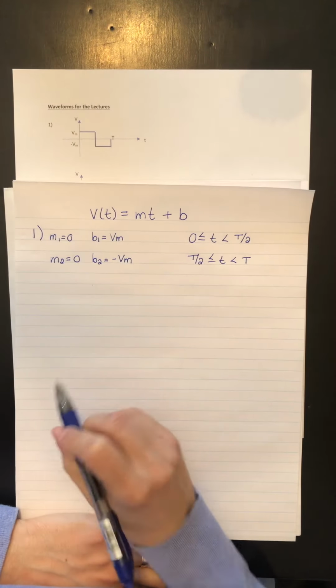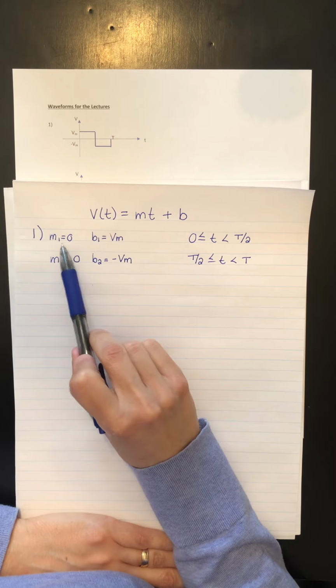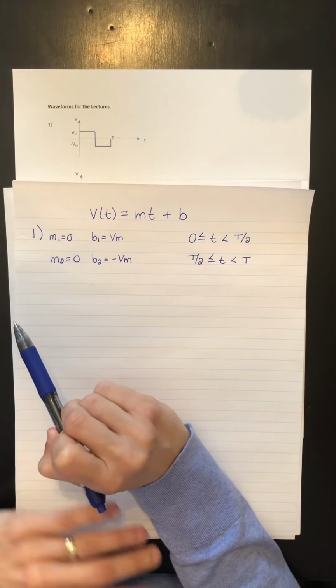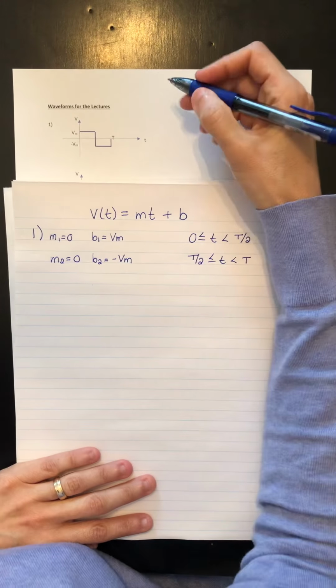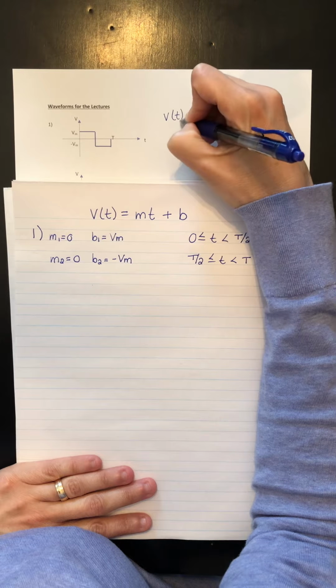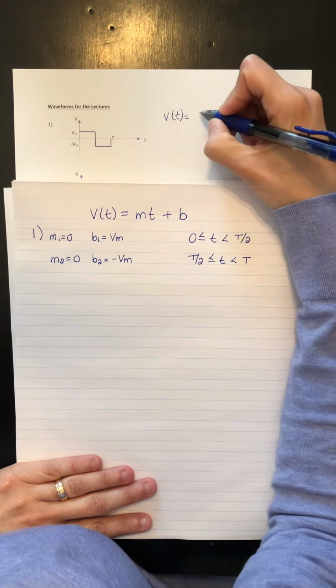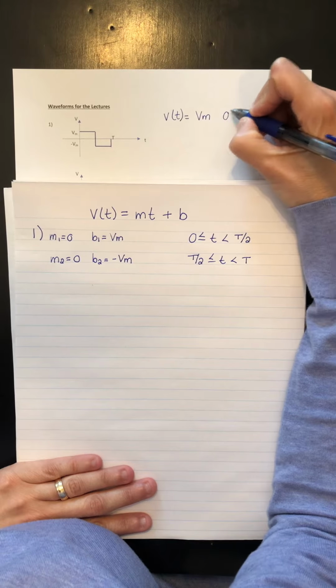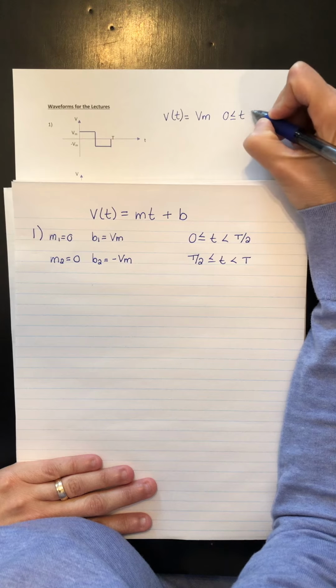So to get the correct equations, we just substitute these values now into the equation. So it'll look like this. We're going to have V at t equals Vmax for the first half cycle.